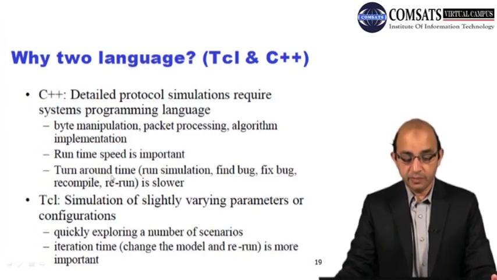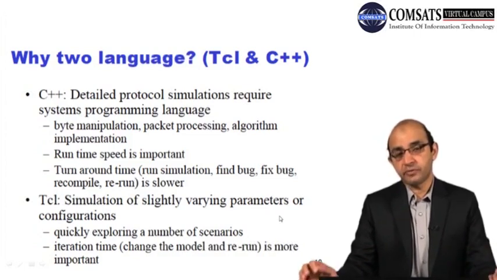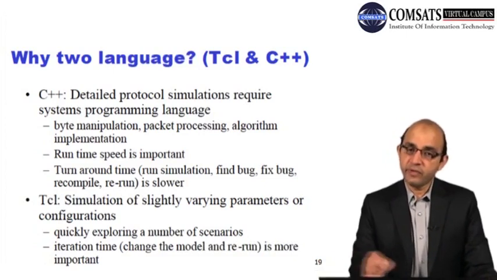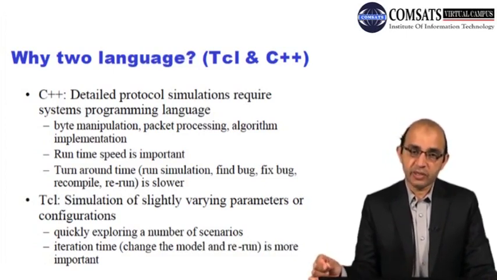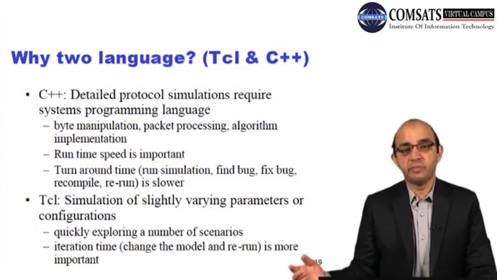So turnaround time is slower. Simulation of slightly varying parameters: if I have two nodes and I want to connect those two nodes, and in between I have a channel with a bandwidth of 1 MB, and now I want to change the bandwidth.